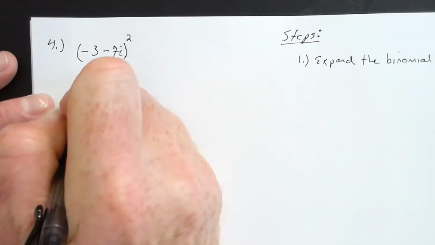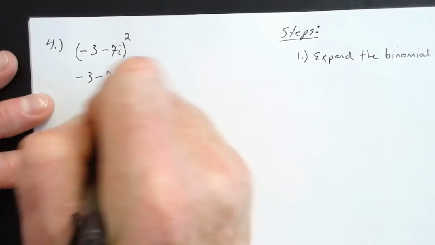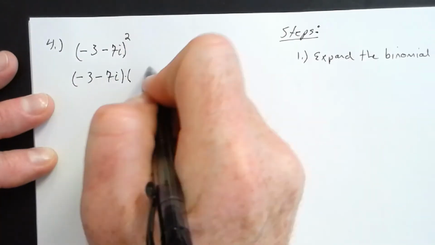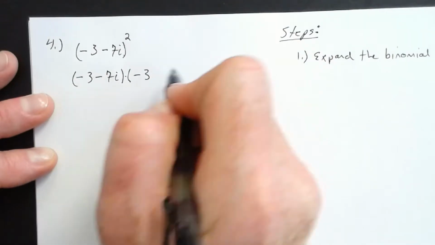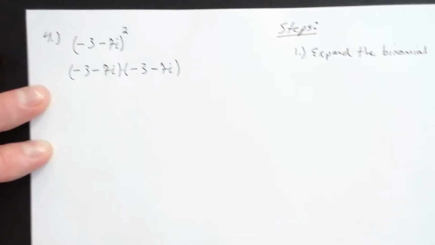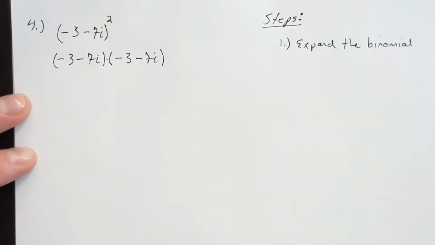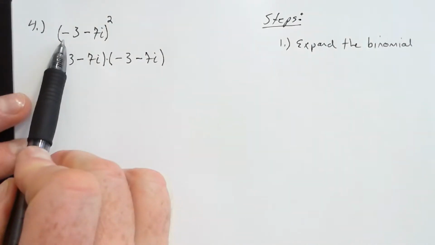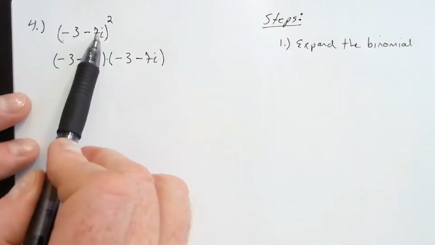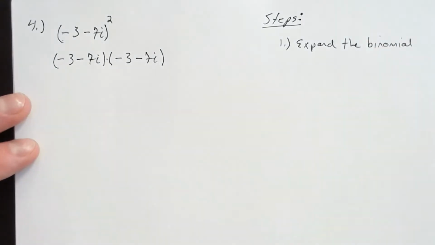And so this is going to be minus 3 minus 7i times minus 3 minus 7i. I thought it was always like minus 3 plus 7i and minus 3 minus 7i. Well, what this is saying is that this particular imaginary number occurs twice. It's the same number that occurs 2 different times.